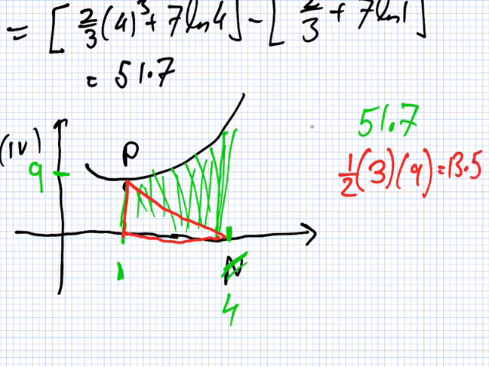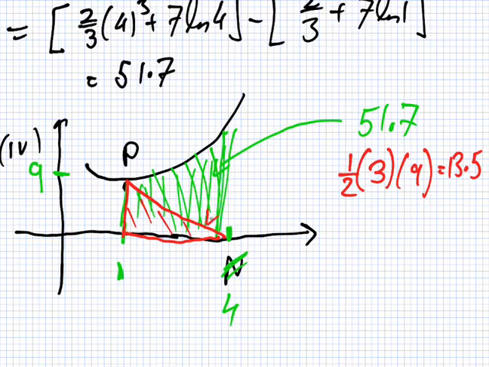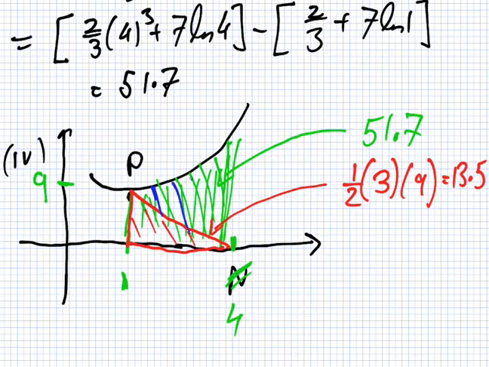And the green area is 51.7, and then this red area here is 13.5. So if I want this blue area, what do I do? Subtract them. So then the blue area is 51.7 minus 13.5, which is 38.2.